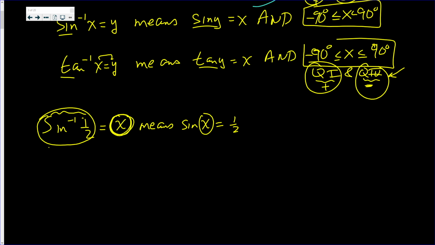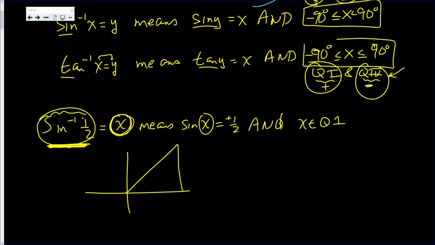Whatever x is, it equals this. This is an angle. And x is in quadrant 1. Why? Because the sine of x is positive. Okay, so we go into quadrant 1.